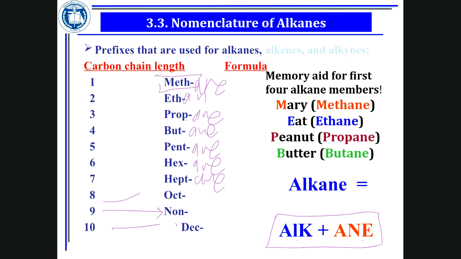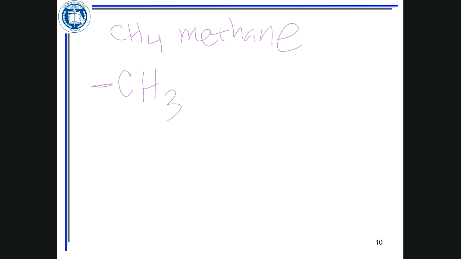Before we start naming organic molecules or alkanes using IUPAC rules, I have to introduce branching. If we have CH4 as methane, if CH4 loses 1 hydrogen, you have to draw a free hand here.